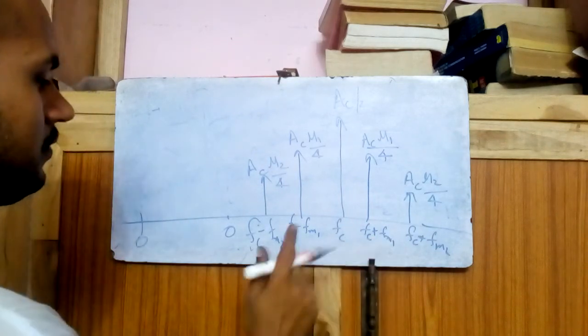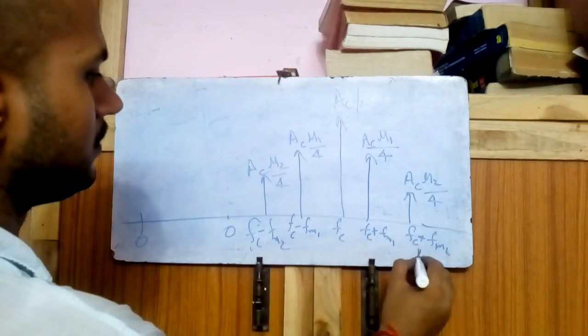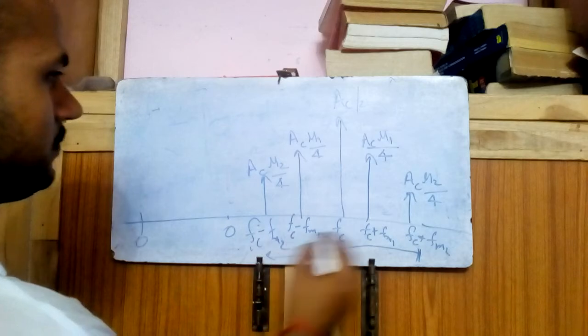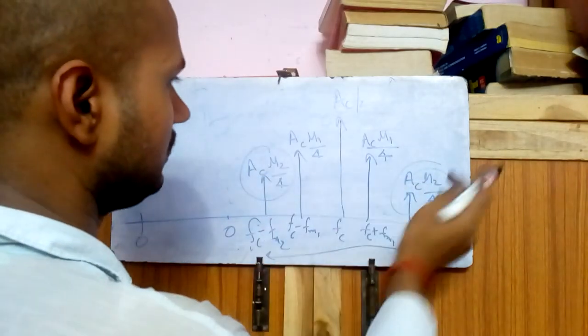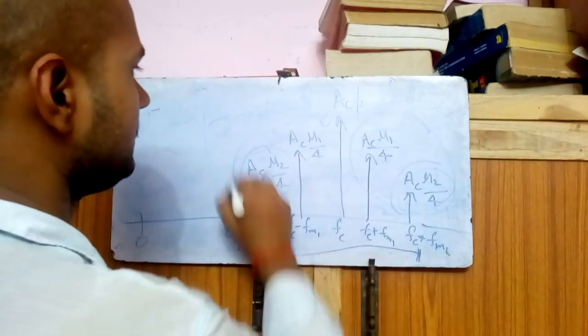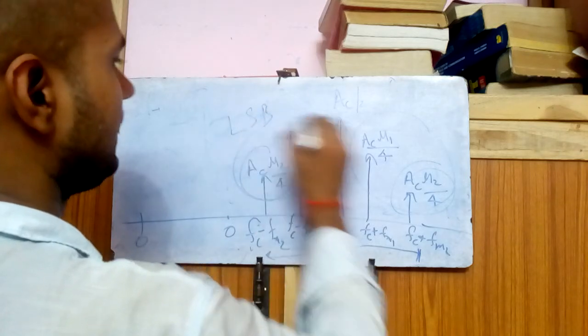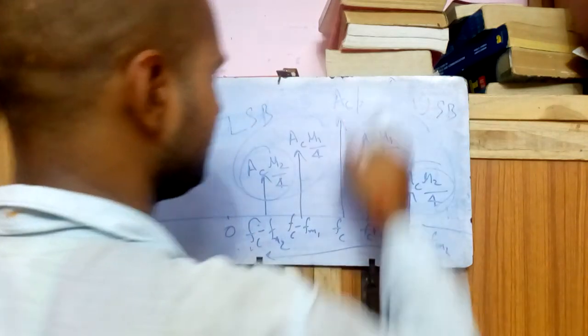So what will be the bandwidth from highest to lowest? This is the lower side band and this is the upper side band, and this is the carrier.